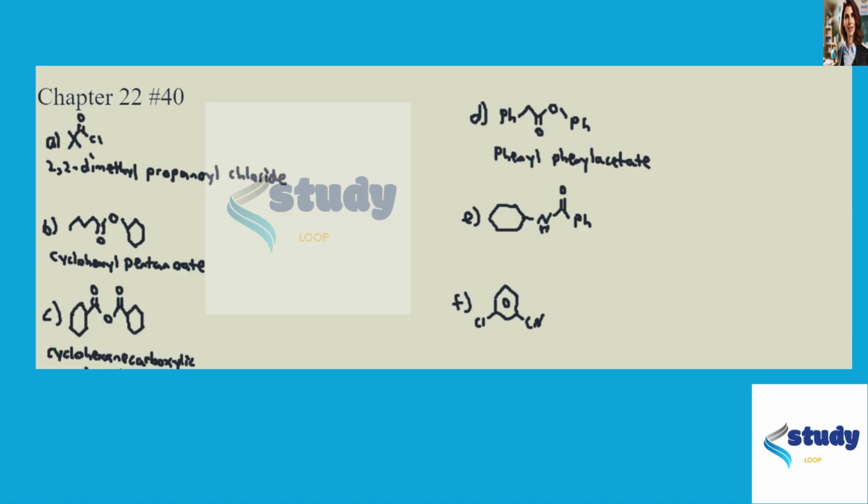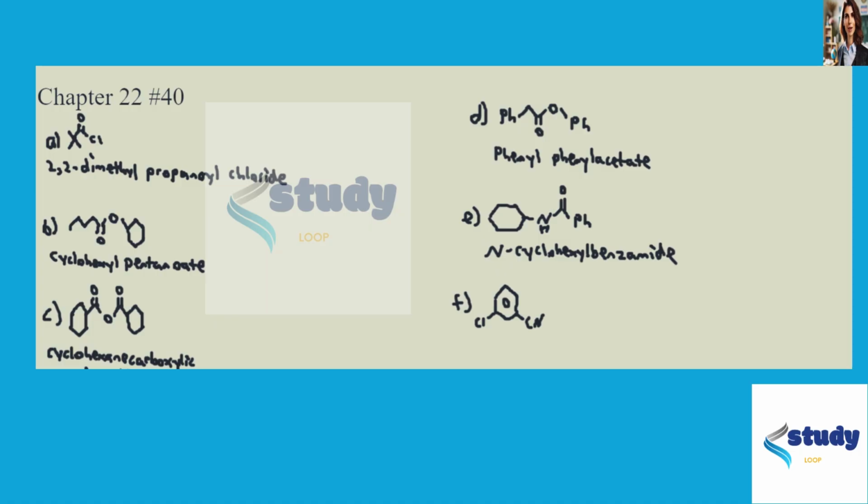So we'll call this N-cyclohexyl, and then since it's a phenyl group over here, a benzene ring, and an amide, it will be N-cyclohexylbenzamide. All right, and that's E.